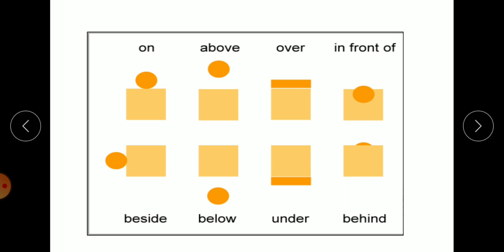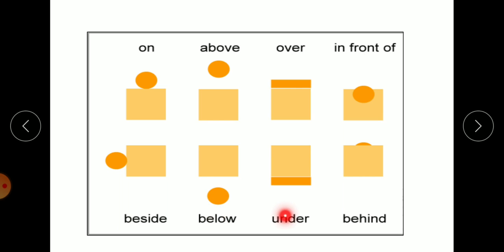Like our mouth is below the nose. ठीक है? तो हमारा माउथ नोज के नीचे है. बेड इज बिलो द फैन, तो फैन के नीचे है बेड. So that is below, right? When there is a difference of height and दूसरे की हाइट कम है, at a lower level that thing is placed, then we use below.